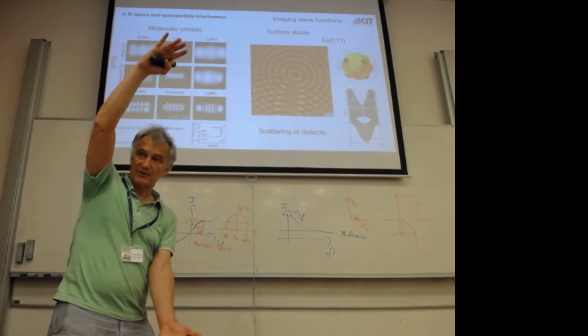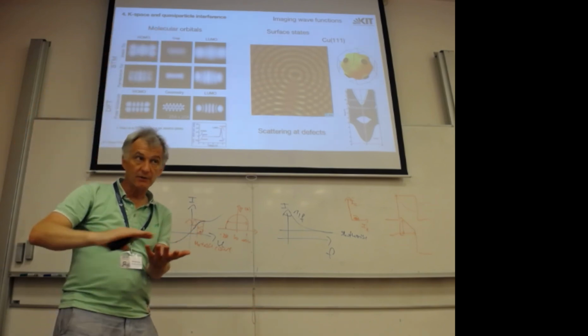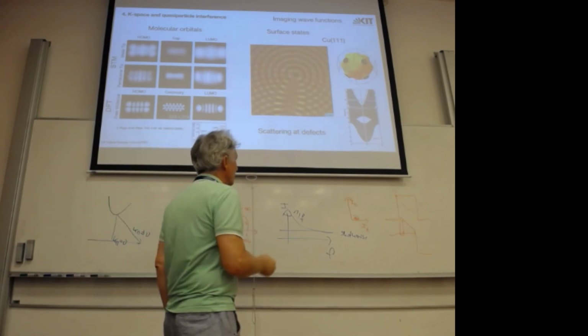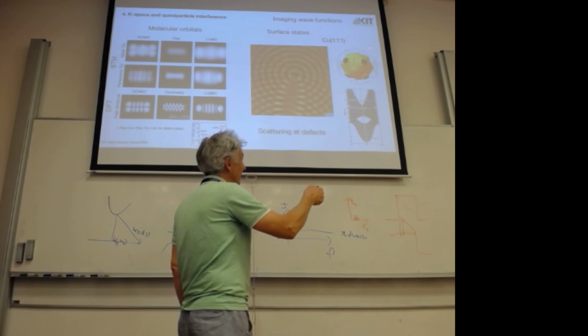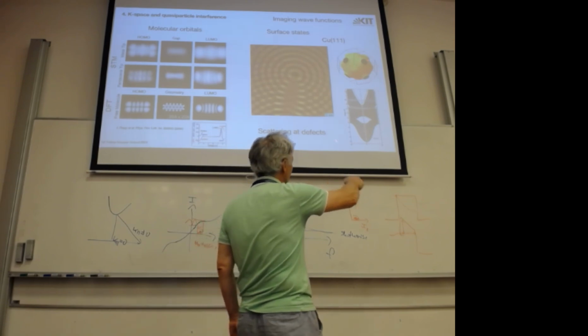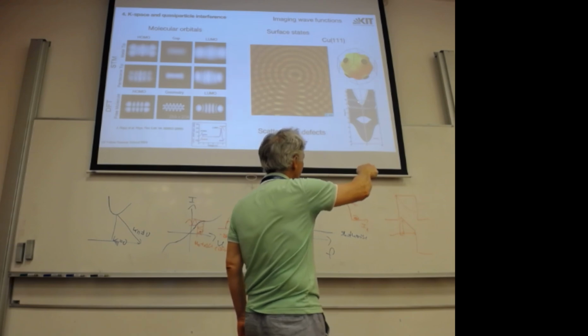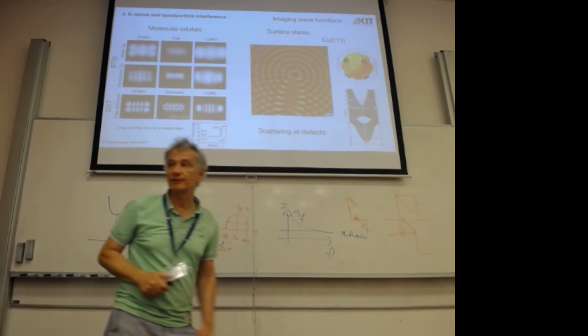Now I collapse all this. Kz is not a good quantum number on the surface. We collapse everything. K parallel is still a good quantum number. So you squash this Fermi surface. So you get a hole which goes through, which you can see here. And all of these are projected bulk bands on the surface.